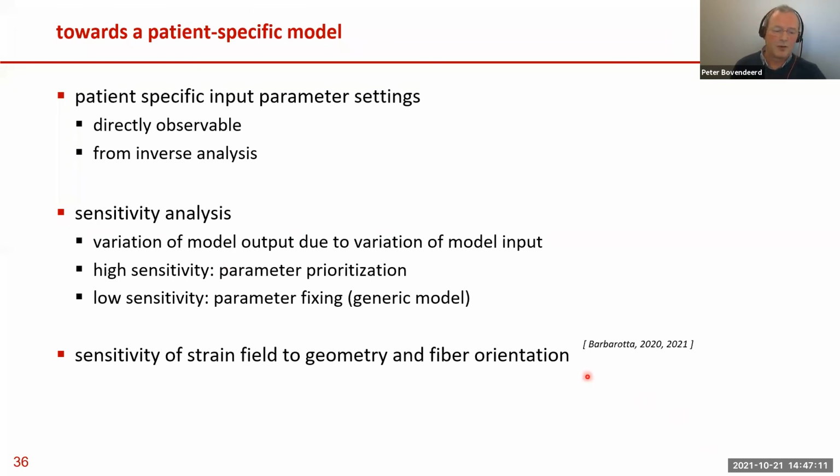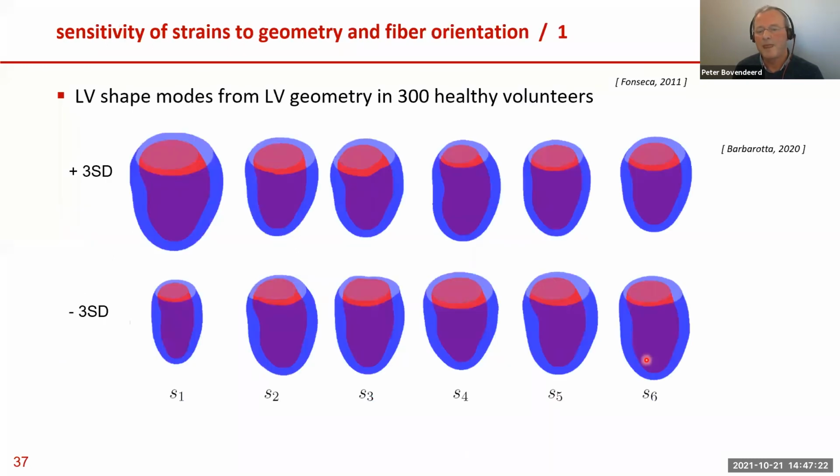And this is in fact work performed by Luca Barbarotta. He completed his PhD early this year. And he looked at sensitivity of strains to geometry and fiber orientation. It's important in this type of analysis that you have a realistic range of the input parameters. So concerning shape, we took data from a study by Fonseca.